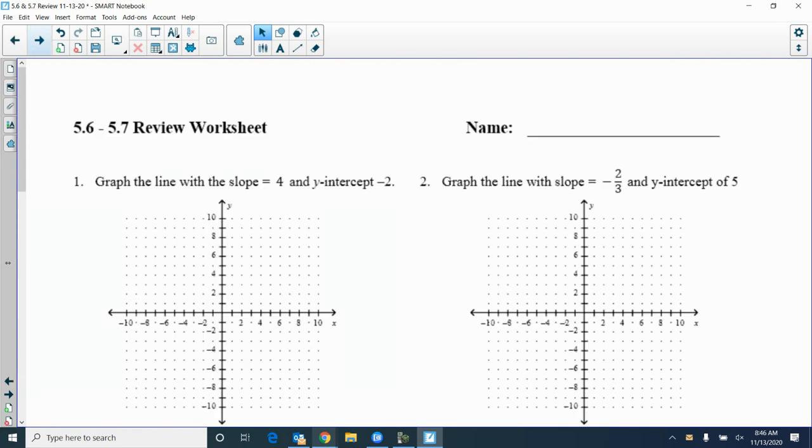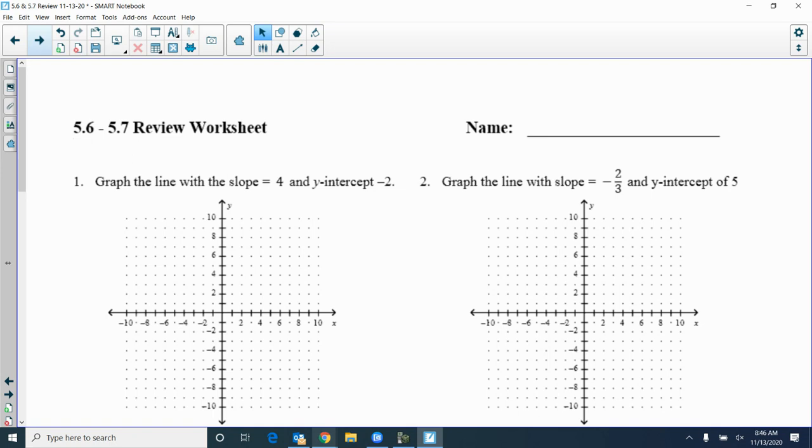All right, I want to hand out this sheet. You're going to get a protractor to make nice lines. We're going to do the first few together. We're going to bounce around and do one of each type, so that you at least see one of each type. We've got to get those test grades back up to where they should be.